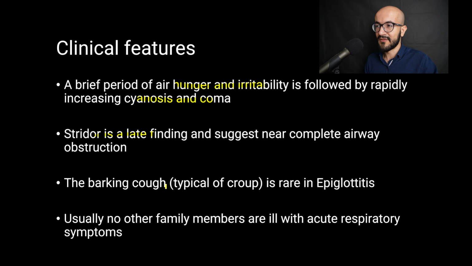And the barking cough, which is typical of croup, is rare in epiglottitis. Barking cough highly suggests croup and doesn't suggest epiglottitis. And usually, no other family members are ill with acute respiratory symptoms with the epiglottitis child.